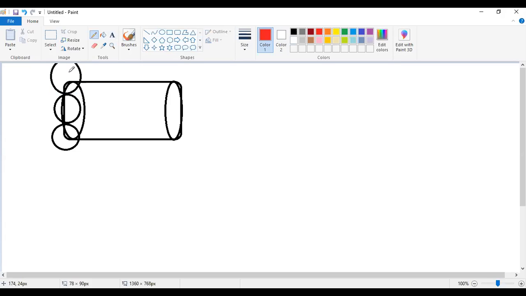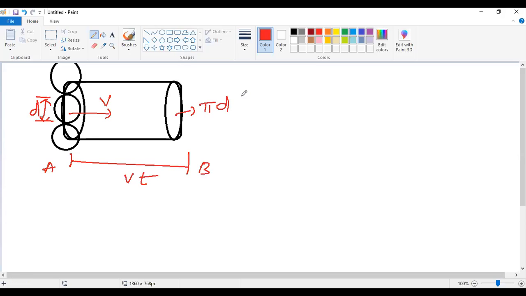I will take three molecules for example purposes: 1, 2, and 3. The diameter of one molecule is d, and it is moving with velocity v from one particular place to another place, for example, A to B. I need to calculate the length, that means the distance: velocity into time, and the area pi d square.